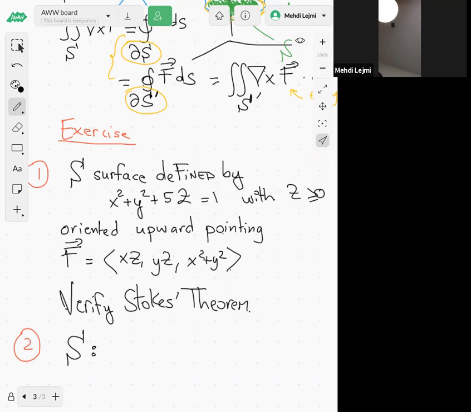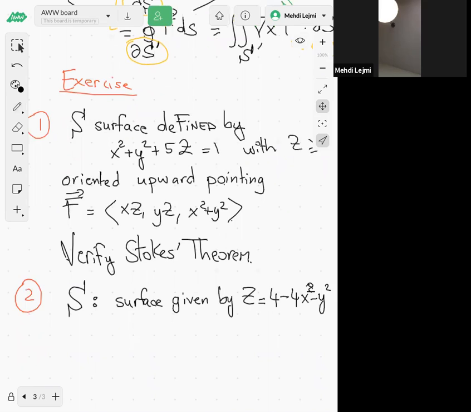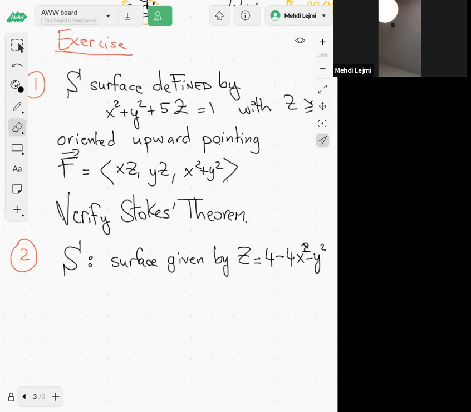So let's say you have this surface S given by the graph z equals 4 minus 4x squared minus y squared, with z positive.